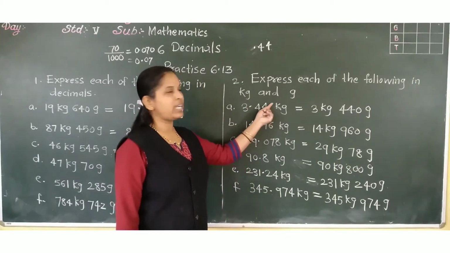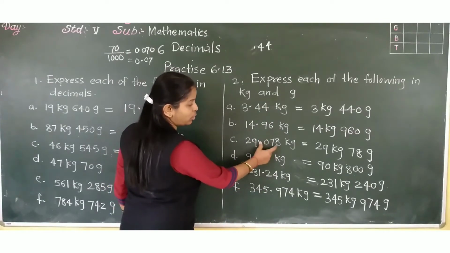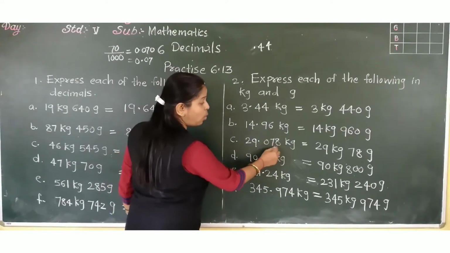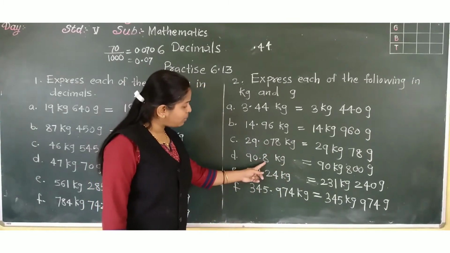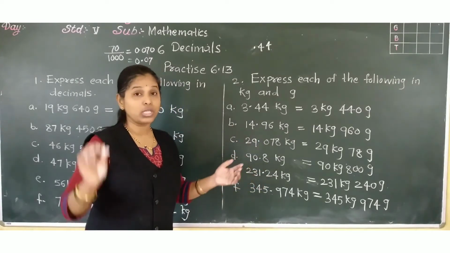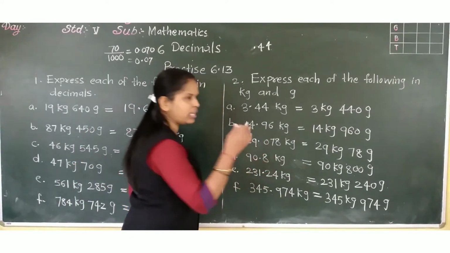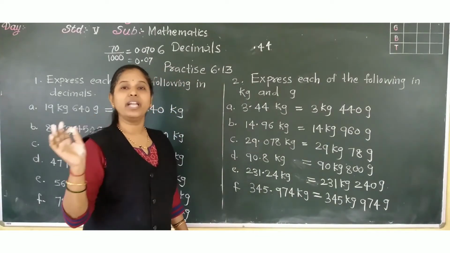So we can write 0. But here they have already given 0. That means here 3 digits are there. So only 78 grams are there. Here after decimal only single digit is there. That means 800 grams are there, because the next 2 zeros they have not written. Okay, but it is 800 grams.